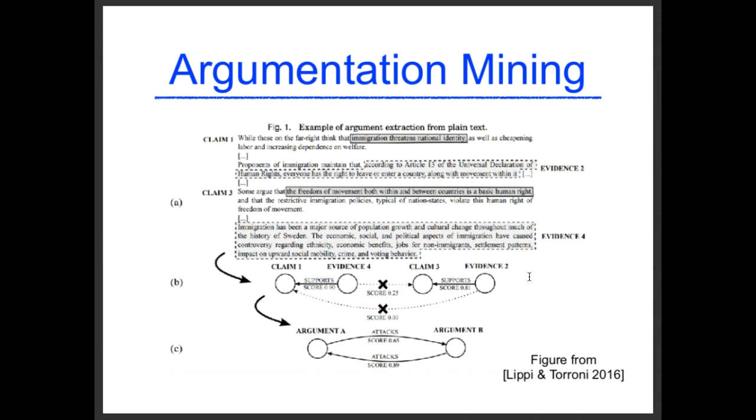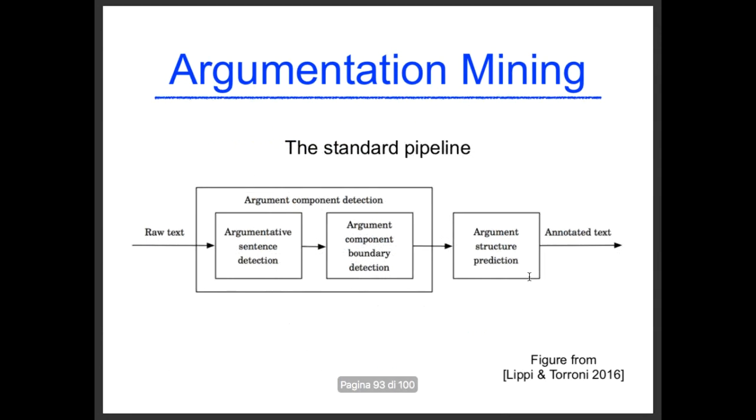So argumentation mining wants to extract the argumentation graphs given the text. It is a very tough task, very difficult, okay? Because it has to do with natural language processing, it has to do with reasoning, and so on. So what is the standard pipeline?